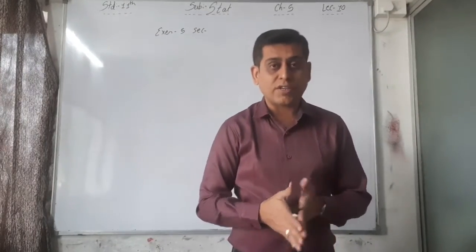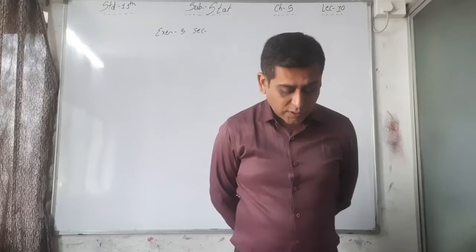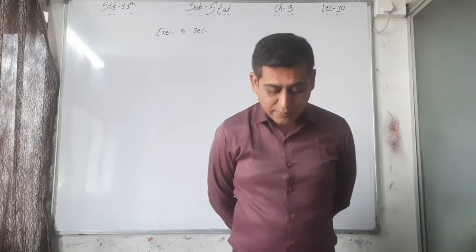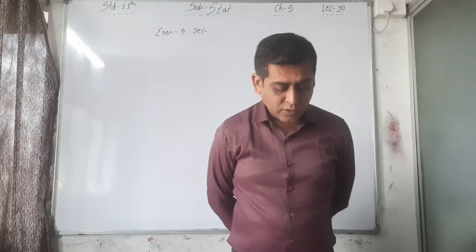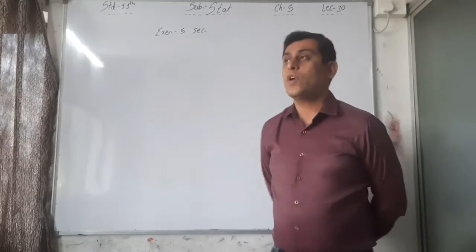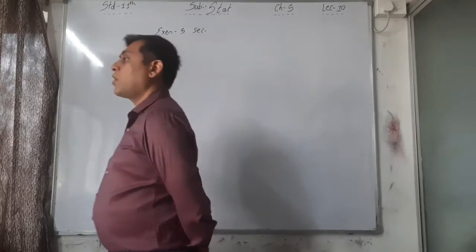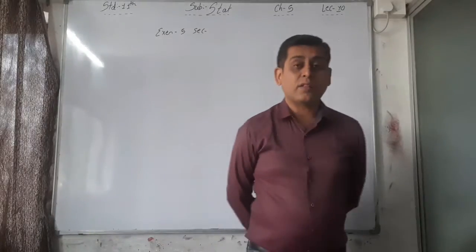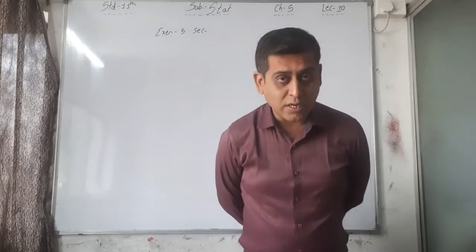First question, section F, question number 1. The frequency distribution of the number of accidents due to driving for more than the prescribed time is given below. Find the coefficient of skewness by Bowley's method. Here we have to find Karl Pearson's? No. Here we have to find Bowley's method, the coefficient of skewness using Bowley's method.